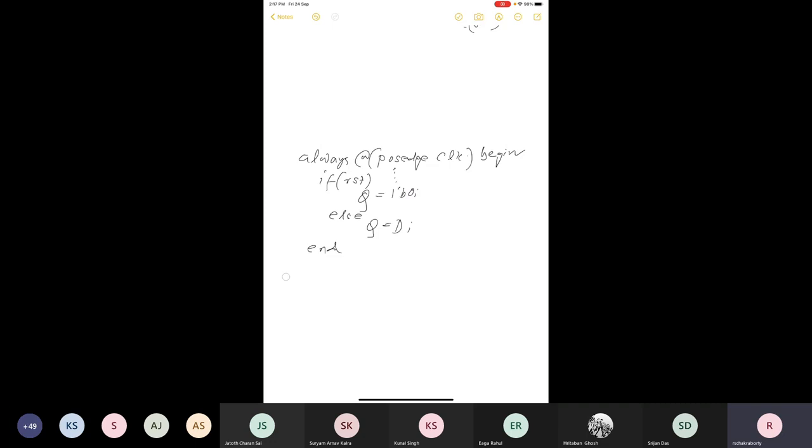If there were multiple statements, suppose after this if there was something else, or after this else there was something else, of course in that case you would need to add a begin and end here also.